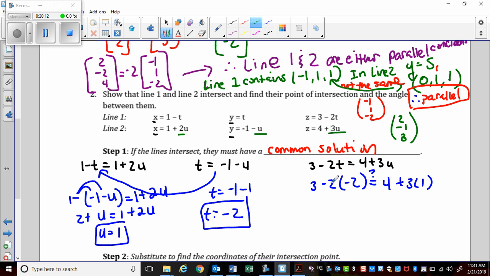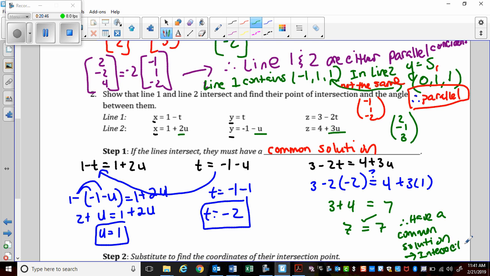So this is 3 plus 4. Is this equal to 3 plus 4 or 7? 7 does equal 7. Okay, so then they have a common solution. Therefore, they have a common solution, and that means that they intersect.